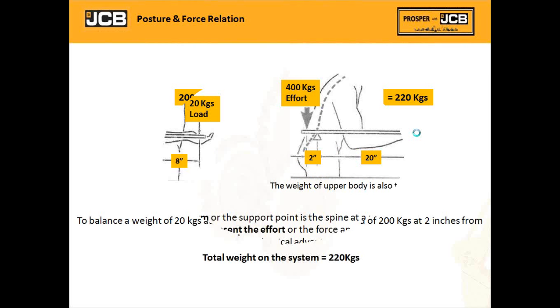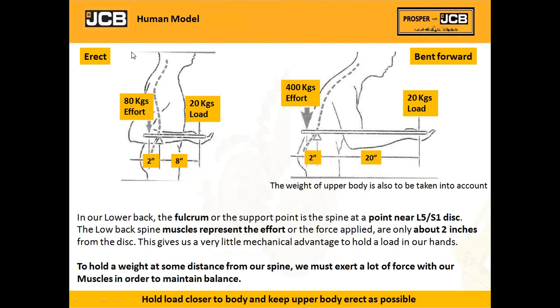Now in the same way, I took this example to explain how this lever effect works on the human model. Now this is our spine. We are standing straight with hands close to our body. This is our spine, we say this is our fulcrum, and these are our muscles, almost 2 inches from the spine.